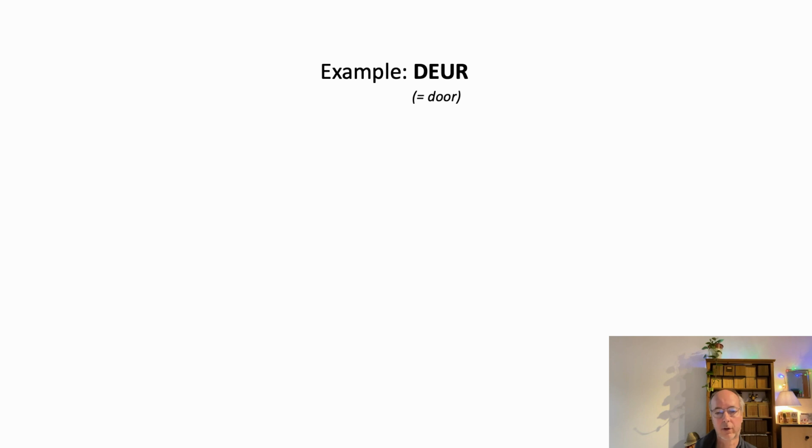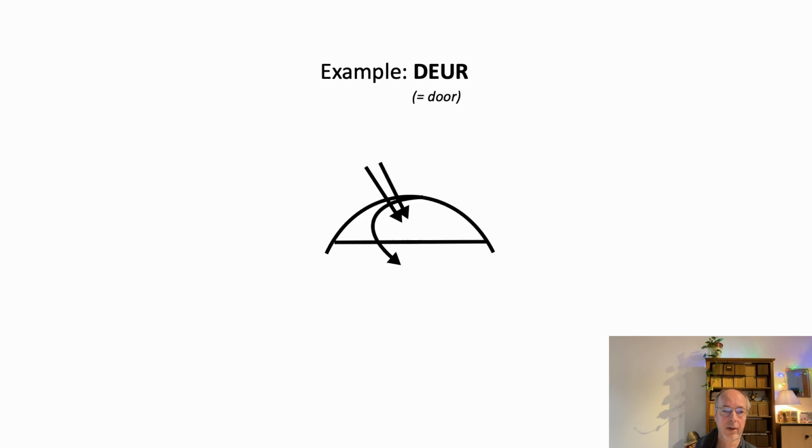Now DEUR or door, also the word is quite similar to the English. That was a bit more difficult, because if I express it, you have the D, you have the E, and then the R, then you see that there are a bit contradictory movements.